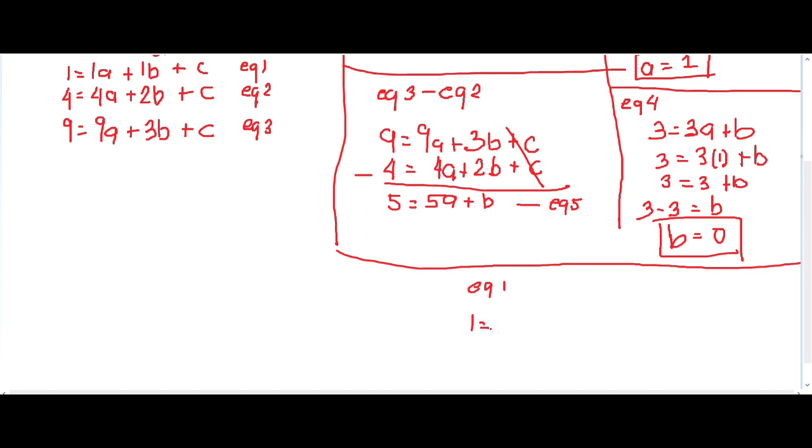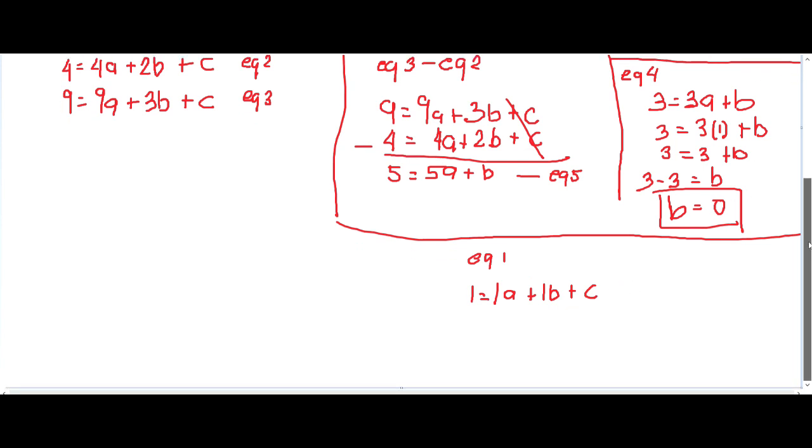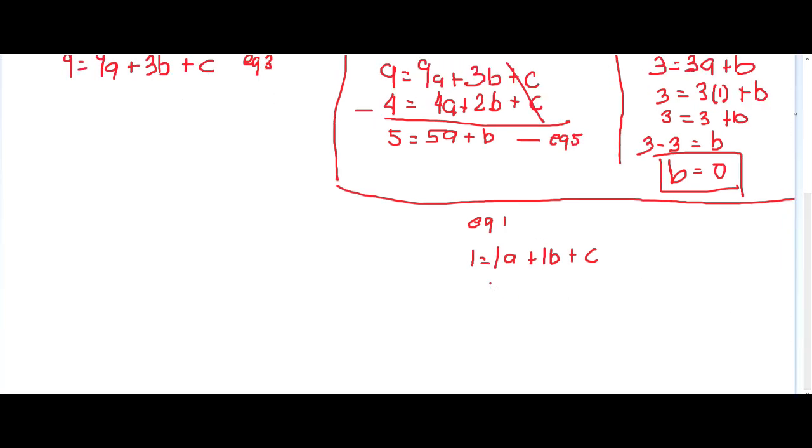1 is equal to 1A plus 1B plus C. Substitute mo, ang A mo is equal to 1, ang B mo is equal to 0. So, you have 1 is equal to 1 times 1 plus 1 times 0 plus C. So, you have 1 now is equal to 1.